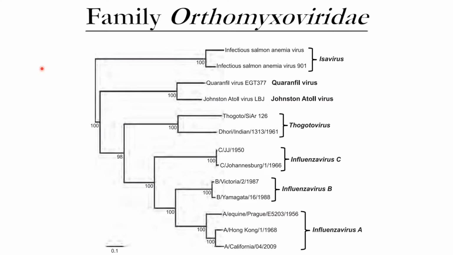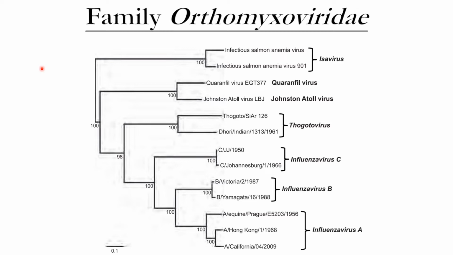There are 6 different genera in the family of Orthomyxoviridae: the influenza viruses A, B and C, Thogotovirus, Isavirus and a new genus, Quaranjavirus. Members belonging to any of the 3 different genera of influenza viruses can undergo genetic reassortment and thus readily exchange genetic information.